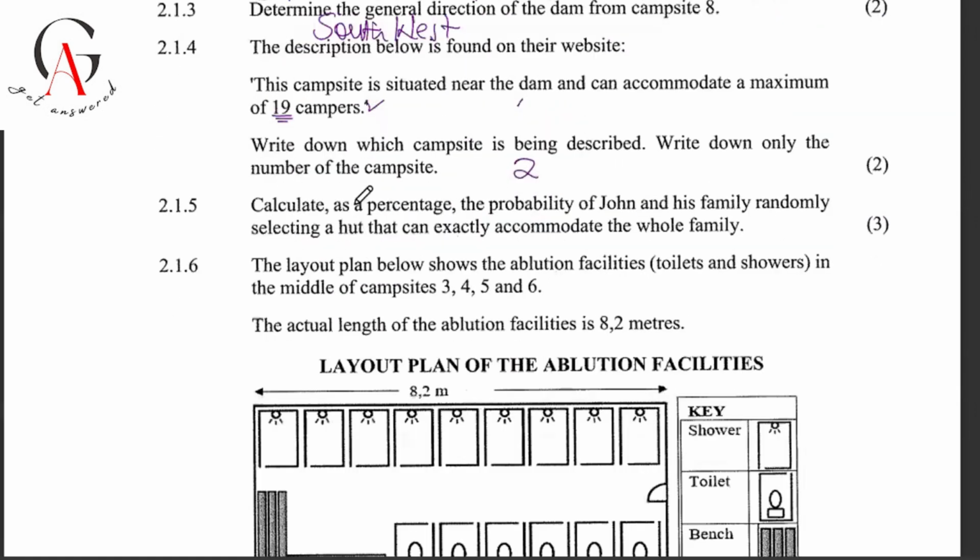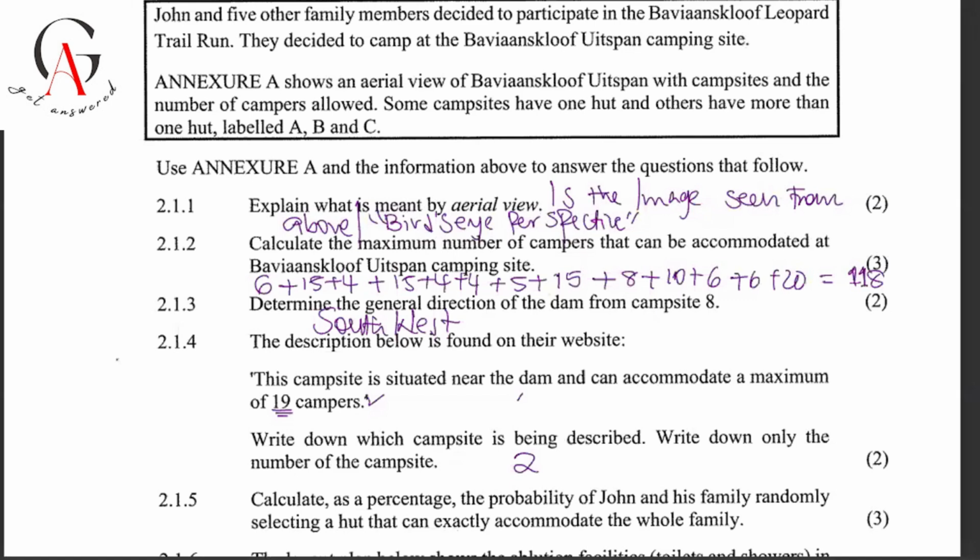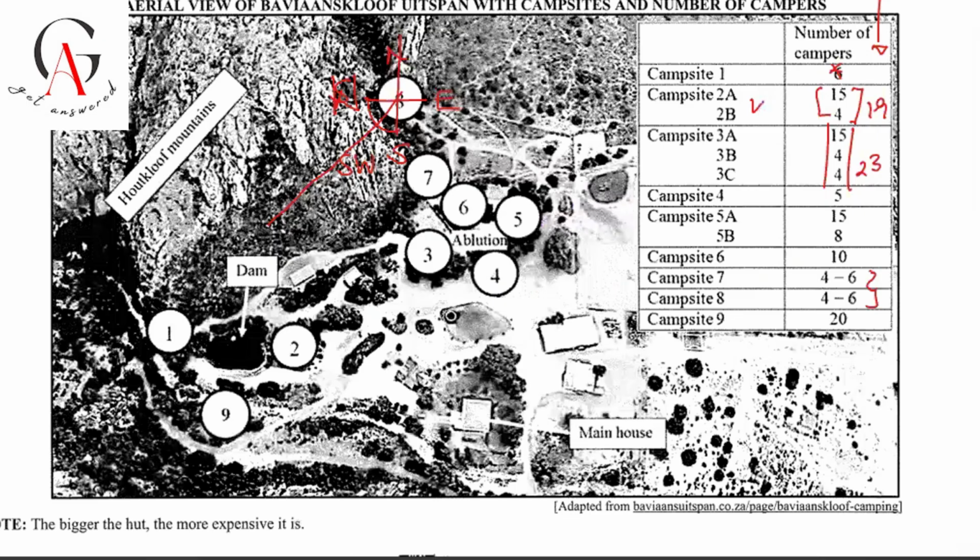Calculate as a percentage the probability of John and his family randomly selecting a hut that can exactly accommodate the whole family. Remember, it's John and the 5 others, so in all there are 6. Which camp has exactly 6? It's camp number 1. We are determining probability, so out of how many?